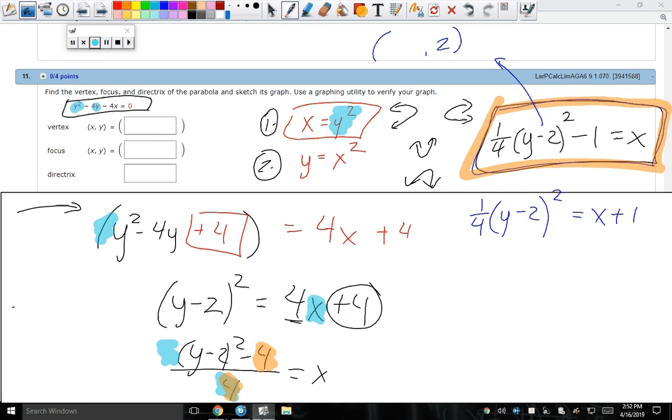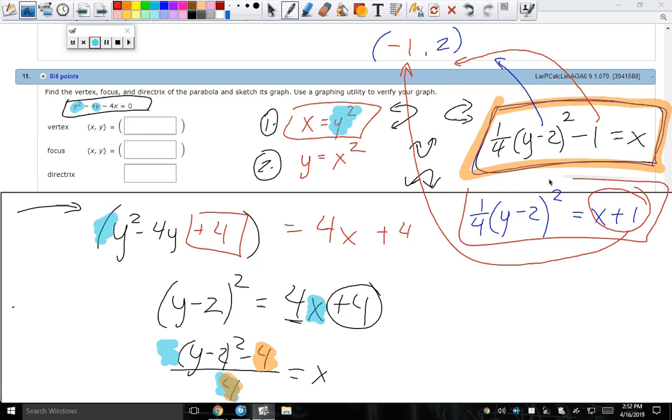So y is a positive 2. Things that are on the outside of parentheses, you follow the rule. x is negative 1. It's what you see. Guys, if you looked at it in this form, what would you mistakenly put there? Positive 1, and it would be wrong. So don't interpret the x-y method, if you will, from this form. Only do it when x is by itself, or when y is by itself.